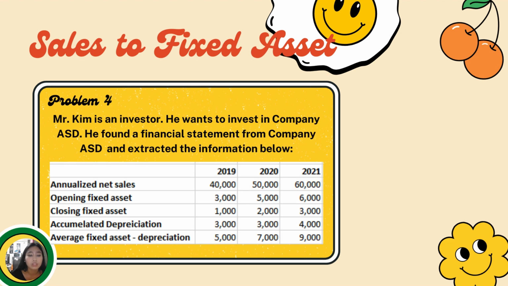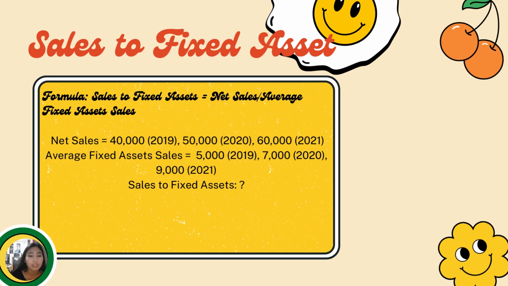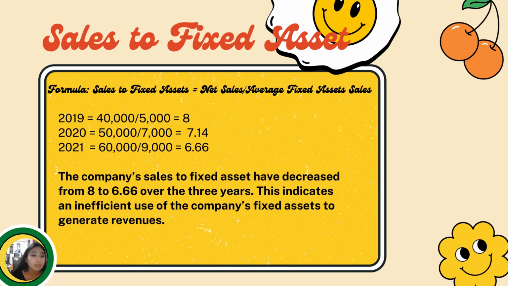So makikita lang dito sa unahan yung net sales, tapos andito naman yung average fixed asset. Una, 2019 is equal to 40,000 divided by 5,000 equals 8. 2020 is equal to 50,000 divided by 7,000 equals 7.14. 2021 is equal to 60,000 divided by 9,000 is equal to 6.66.